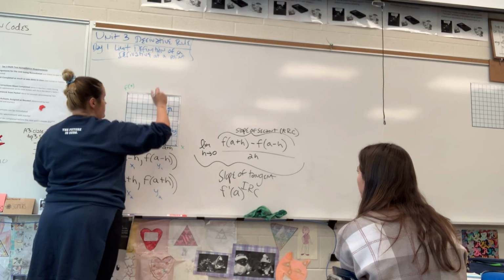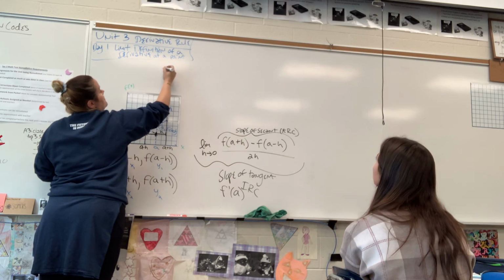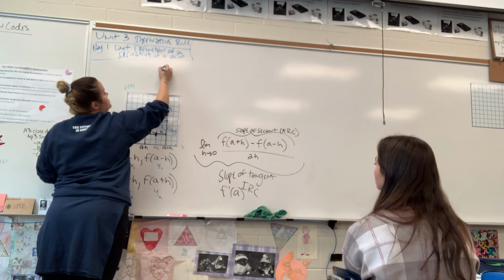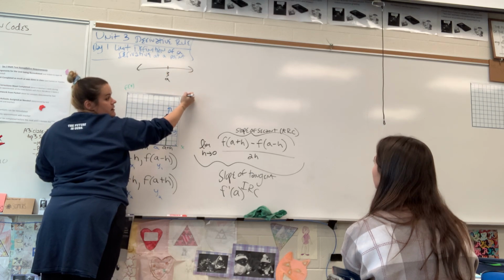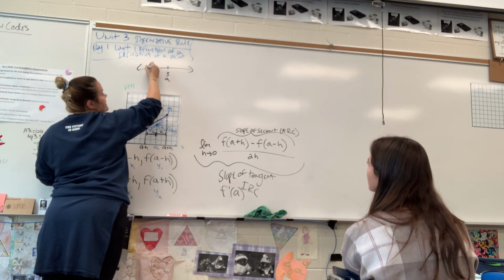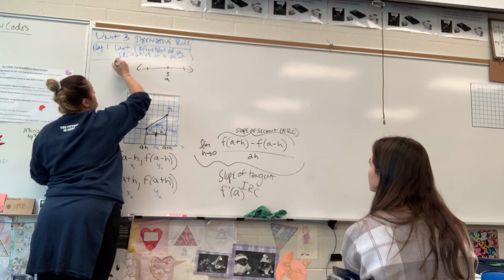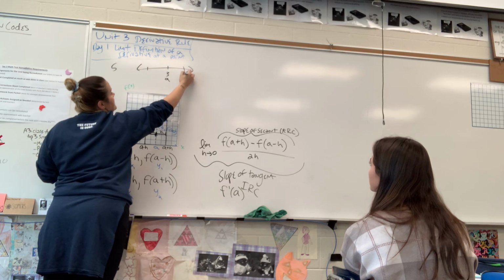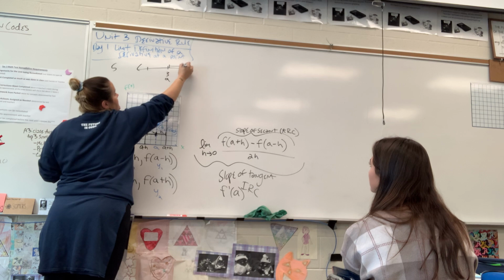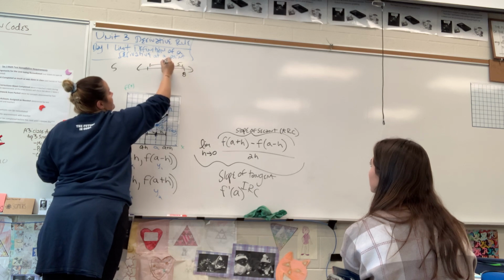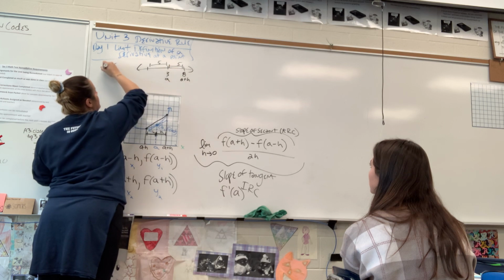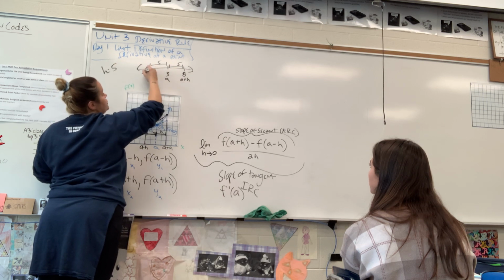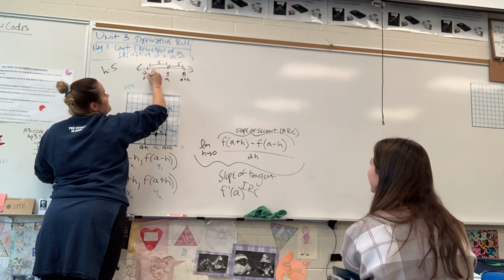Okay, let me try it with numbers to see if that'll help. If a is 3, like on a number line, right? And let's say the distance between my points was 5. So this is 8, because this is 5. So this is a plus h, and this is negative 2. My brain is melting. Okay?